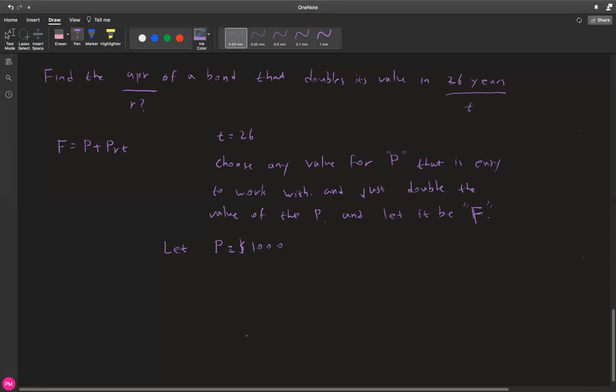Then, since we already know that the bond doubles, let me actually write everything down.